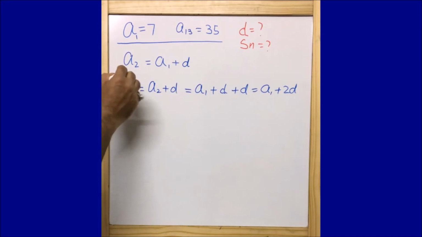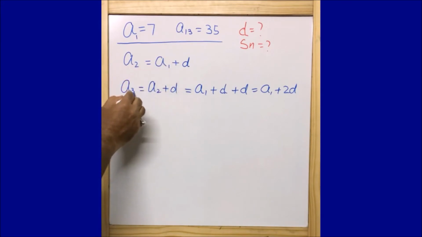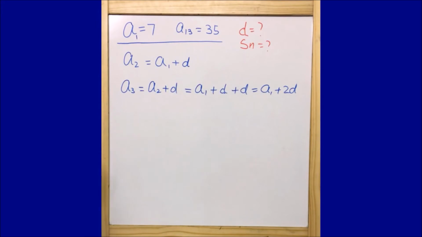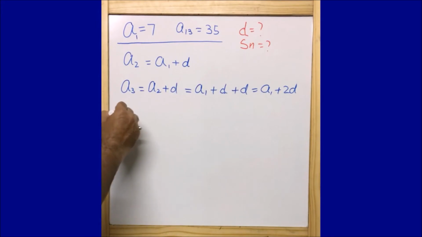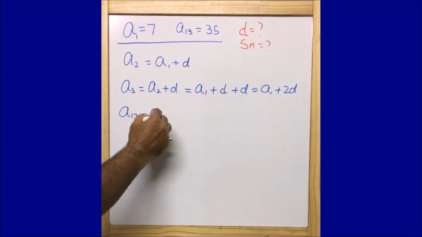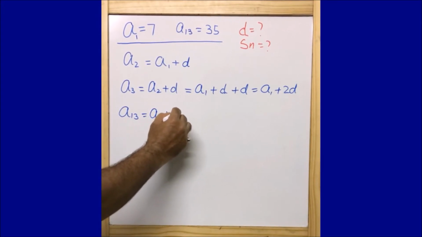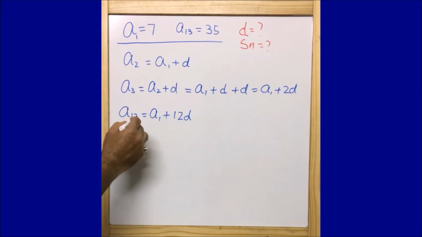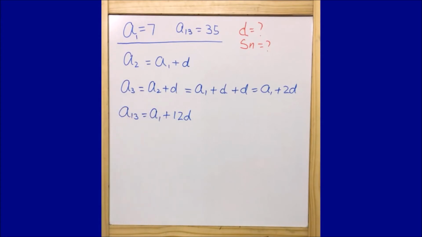You could see the logic here: if it is A2, we are getting 1D. If it is A3, we are getting 2D. Similarly, if I write A13, we should get A1 plus 12D, just one less than the term. So A13 is equal to A1 plus 12D.